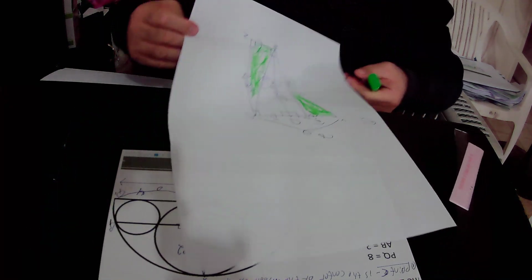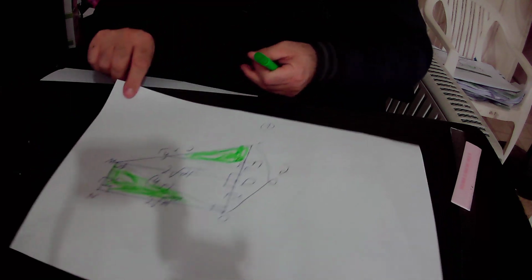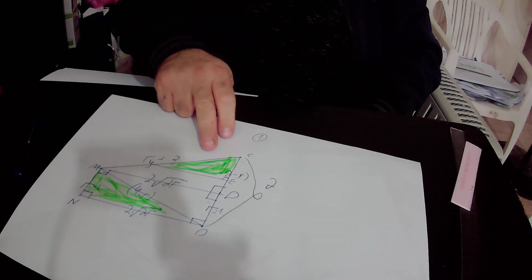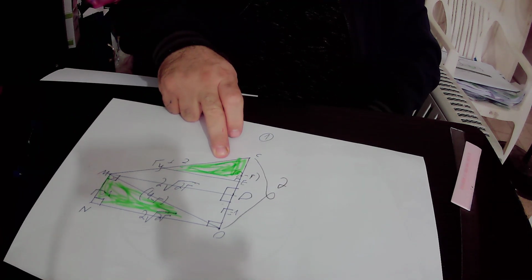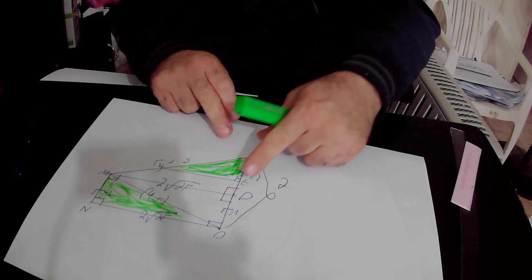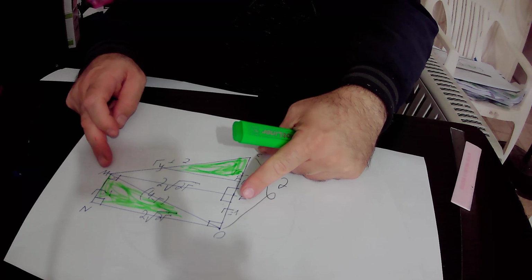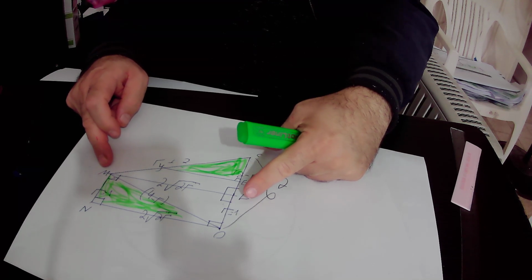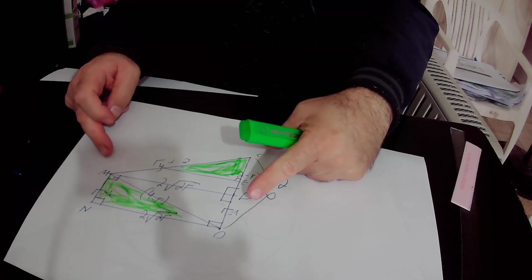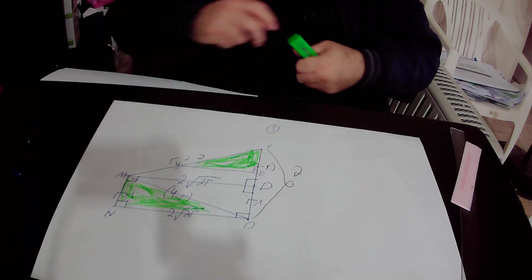Again, we will prove that the green right triangle CEY is similar to the triangle CDM. Okay?